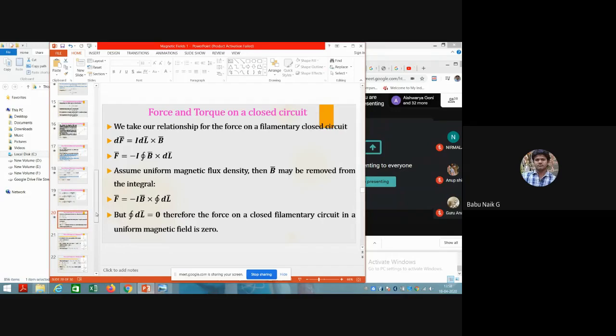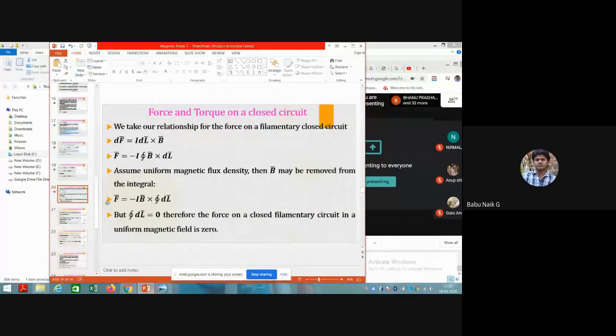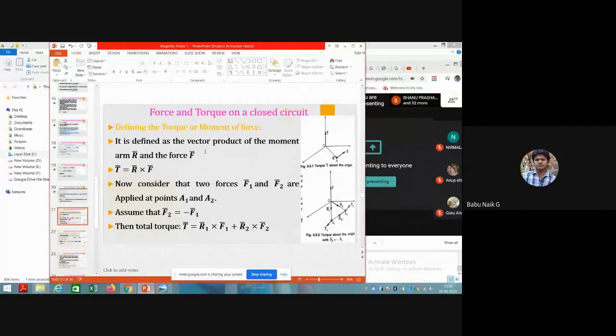Now, with this, let us elaborate on the torque definition. What is the force and what is the torque? This one is the force calculation. Then what will be the torque in a closed line integral?